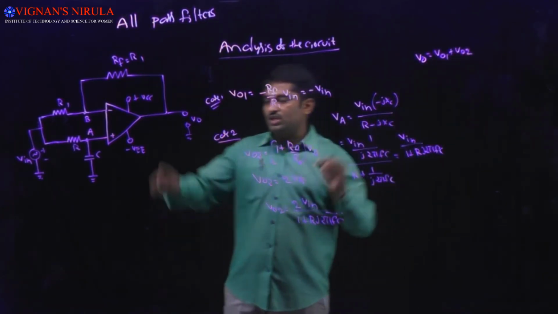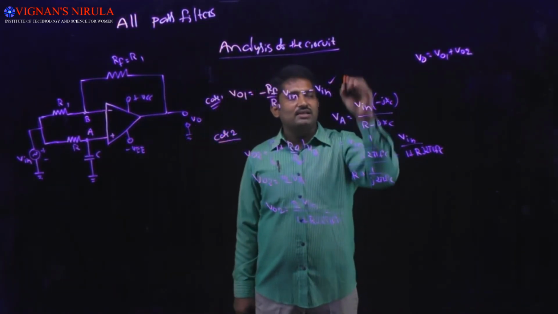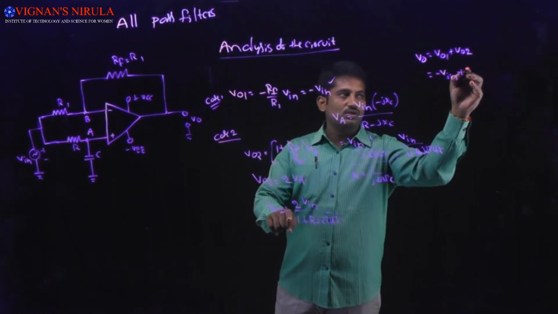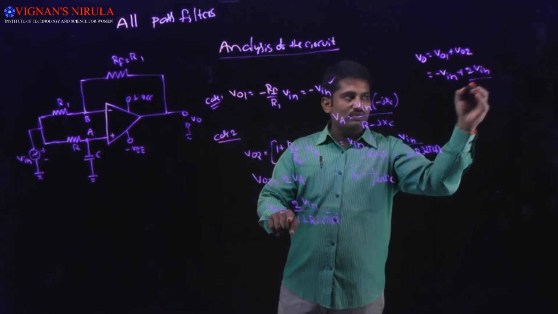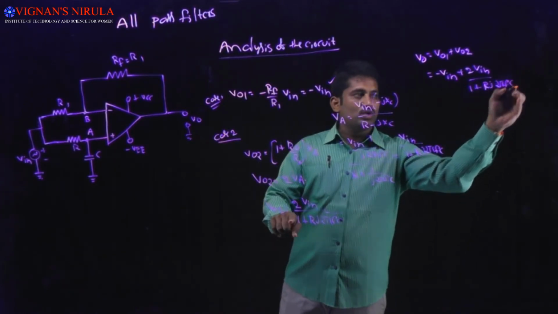Why? Because here you have used the superposition principle, and here you calculated the V0 1, which is nothing but minus Vin plus 2 into Vin divided by 1 plus Rj into 2 pi into FC.